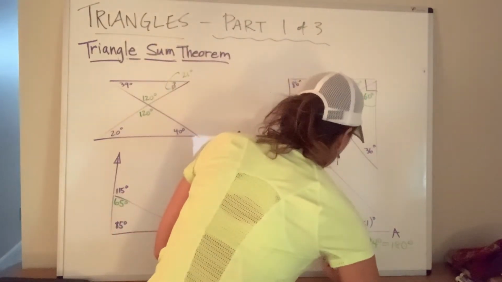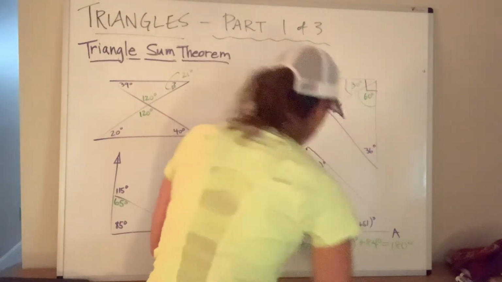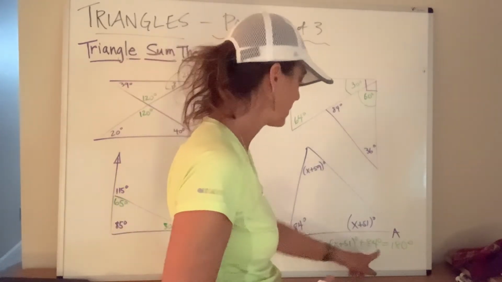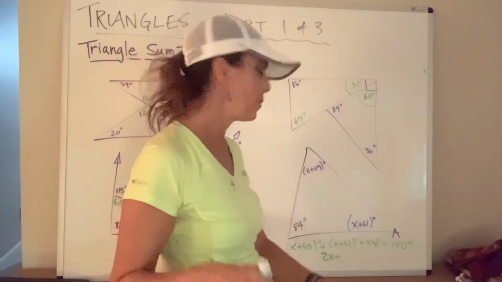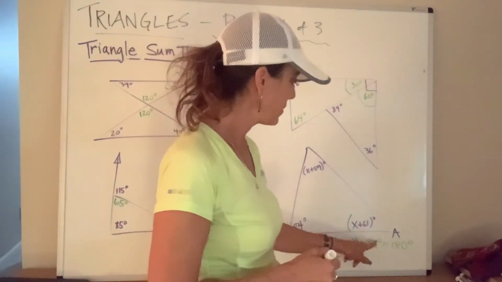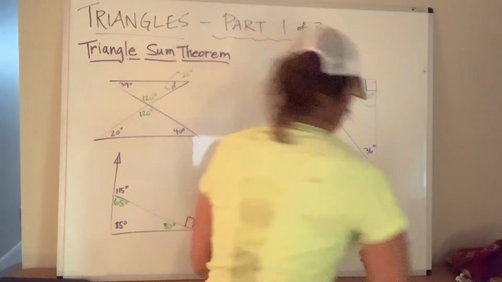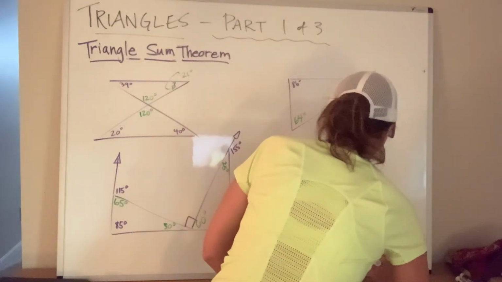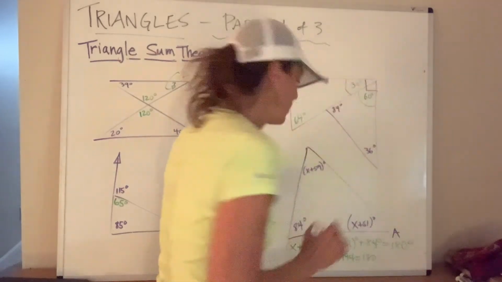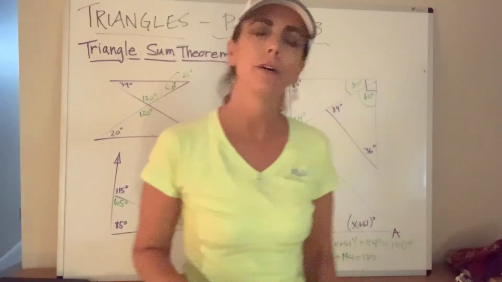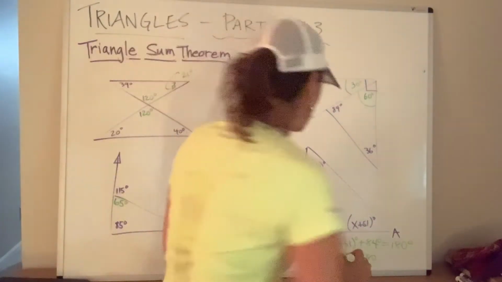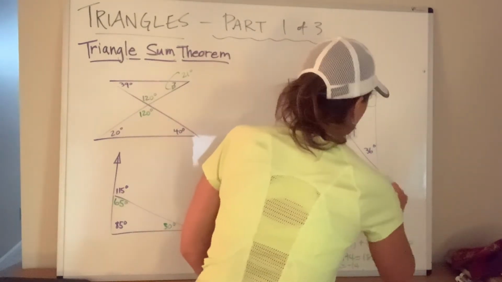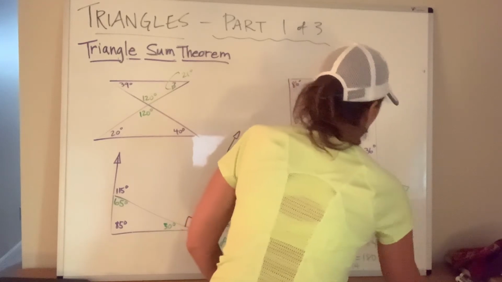So I have 2x plus, let's see, 59 plus 51 plus 84. 59 plus 51, that's 110, plus 84 is 194. 2x plus 194 is equal to 180. All right, subtract that 194 out, and we should get 2x is equal to negative 14, which means that x will equal negative 7.